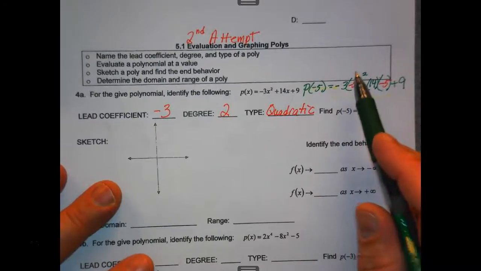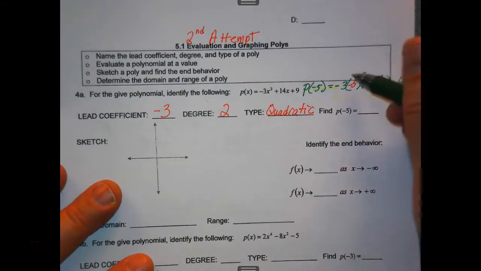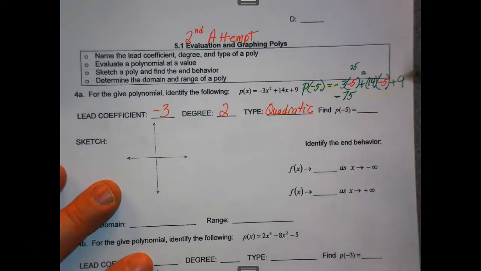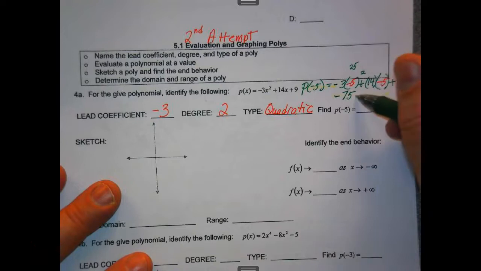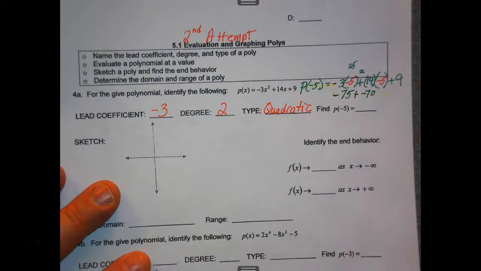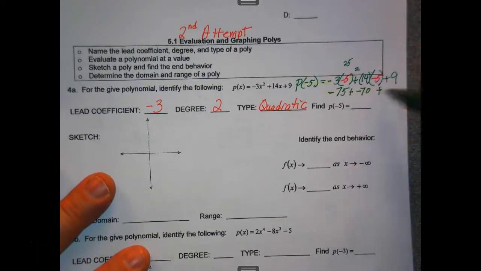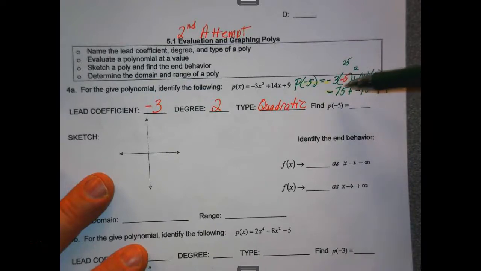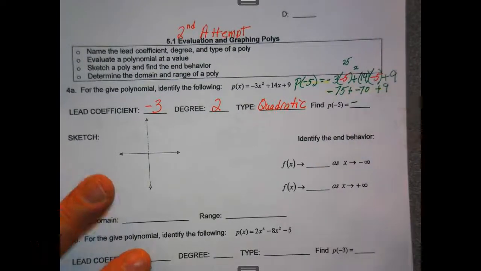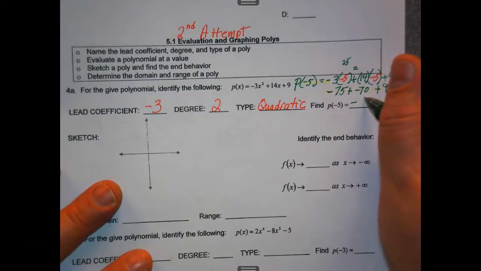Okay, negative 5 squared is positive 25. 25 times negative 3 is negative 75. Negative 5 times 14 is negative 70. And then plus 9. Negative 75 plus negative 70 is negative 145, plus 9 is negative 136.